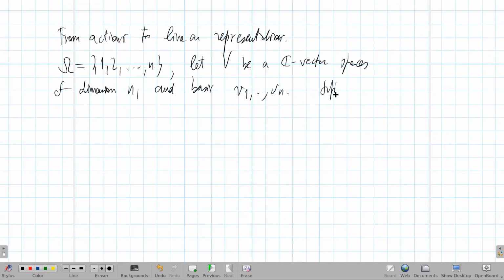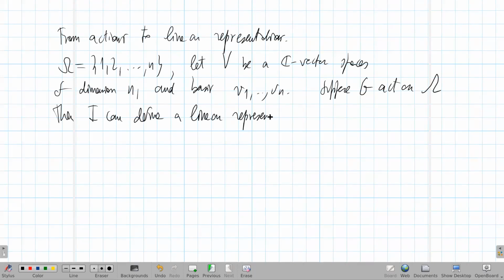Now, suppose G acts on omega. Then I can define a linear representation rho from G to GL(V).